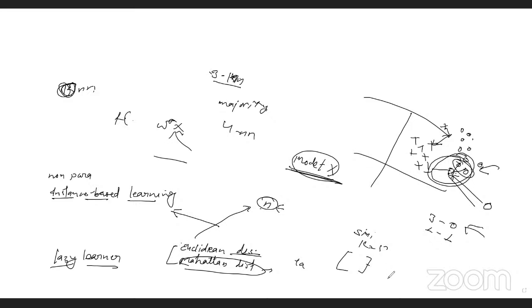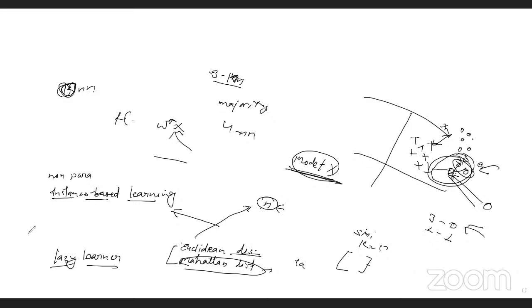So we calculate the Manhattan distance to every point and pick the 5 nearest, the 5 lowest distances. This is what happens in KNN. Just check the neighborhood, check the majority, and whoever has the major class wins.